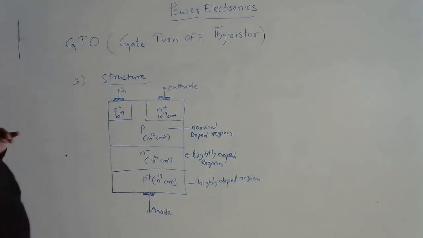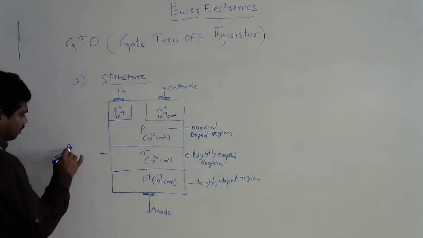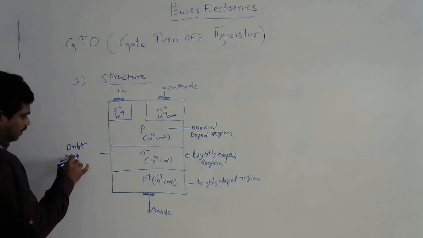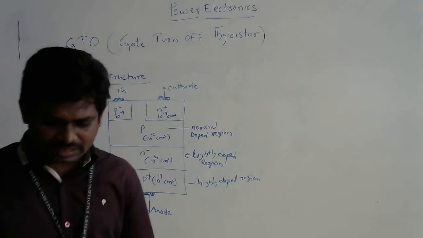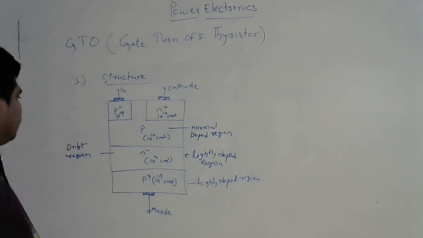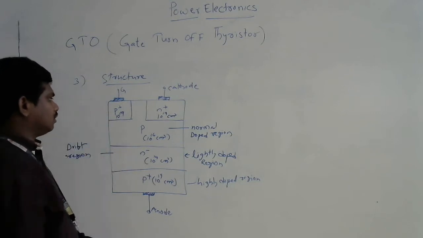Another name for this layer is the drift layer, the drift region. What do you mean by drift region? The drift region is a lightly doped one which allows the current to flow immediately through the junctions.